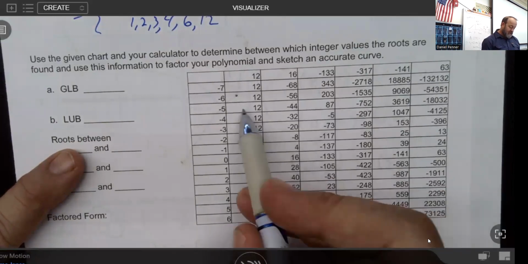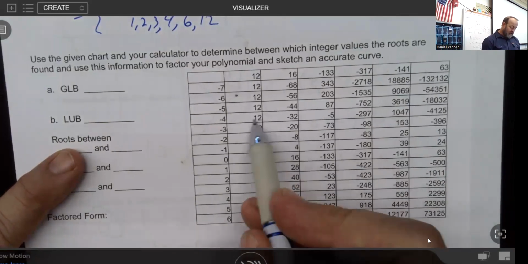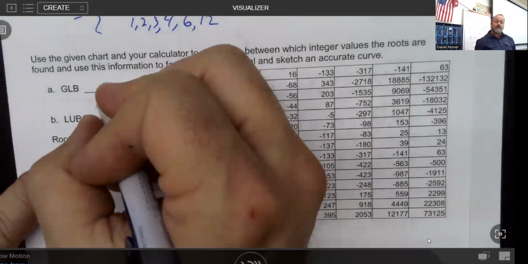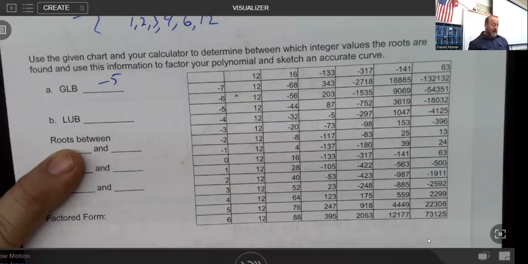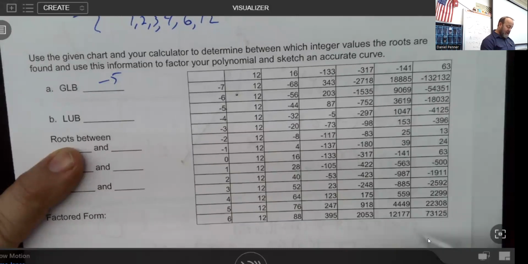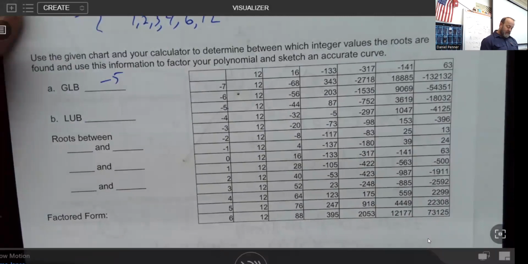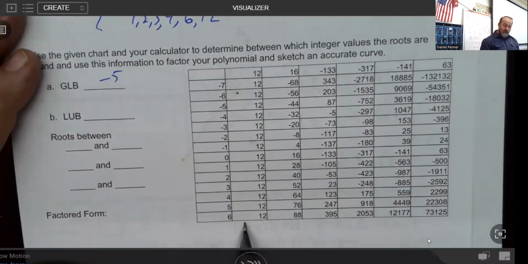So right here, we didn't see an alternation at -4, but we did see an alternation at -5. So the largest lower bound that we have is at -5, meaning I don't need any of those numbers. And the upper bound is the one that goes all positives. And you'll see that at 6, they're all positive, as is true with 5 and 4.